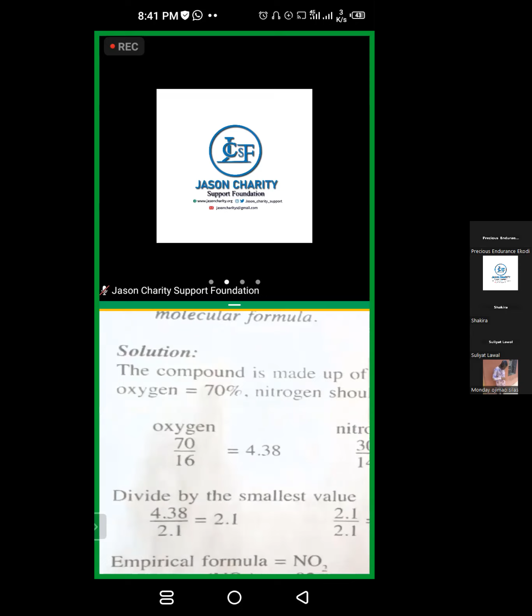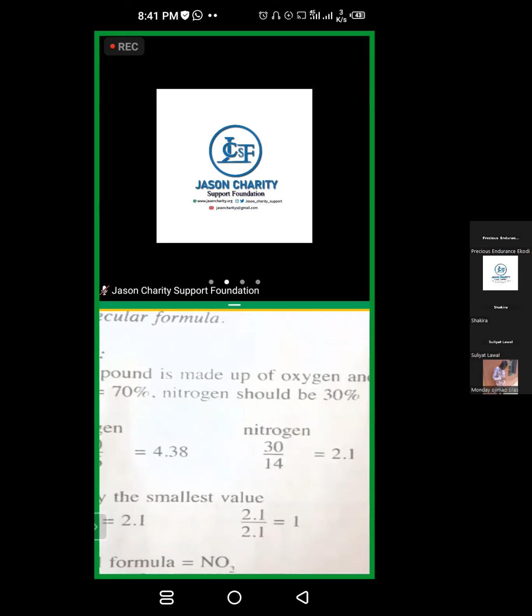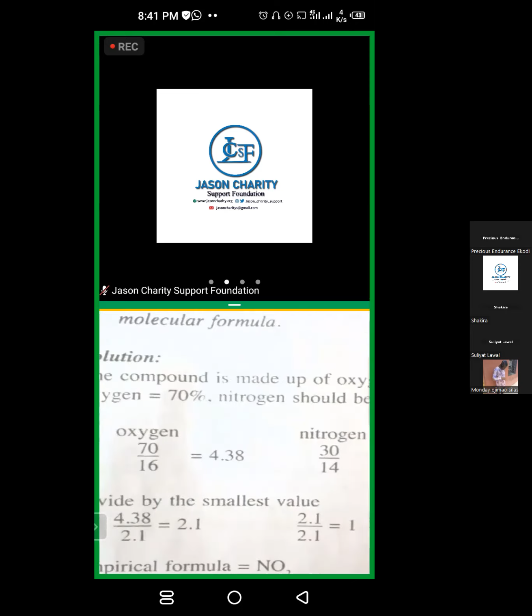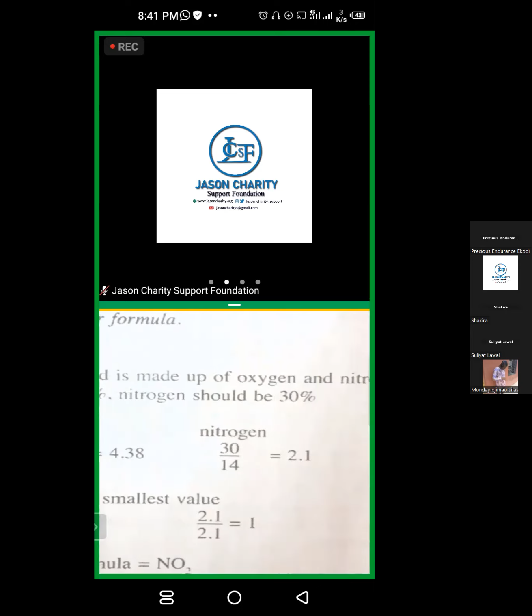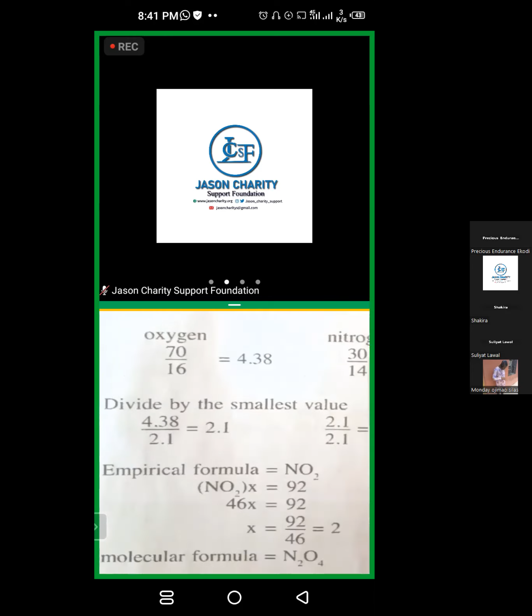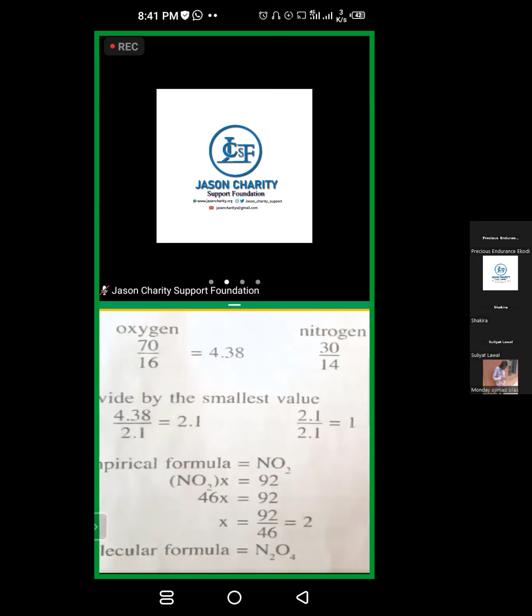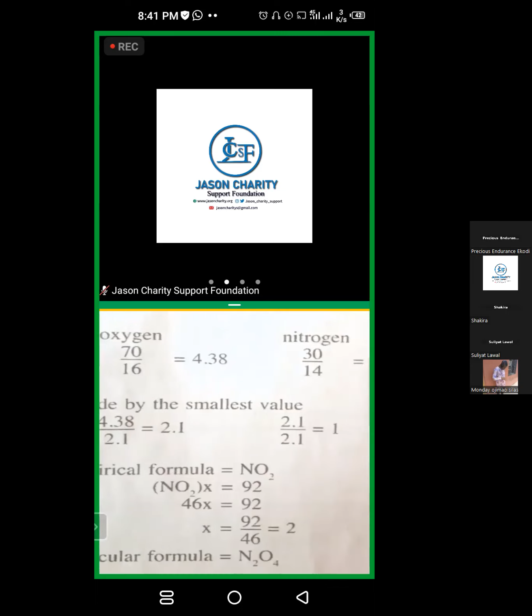Atomic mass of oxygen is 16. Atomic mass of nitrogen is 14. So dividing through, we have 4.38 and 2.1. Remember, you divide next with the smallest number. So dividing with the smallest number, 4.38 divided by 2.1 is 2.